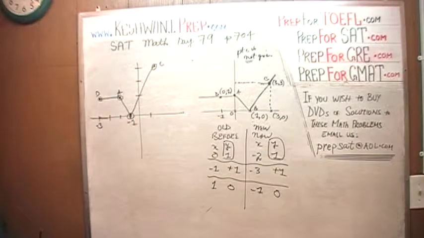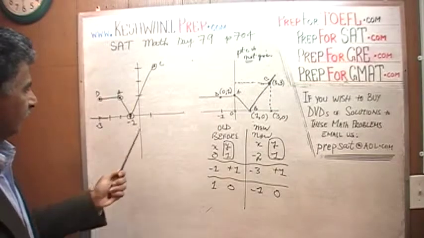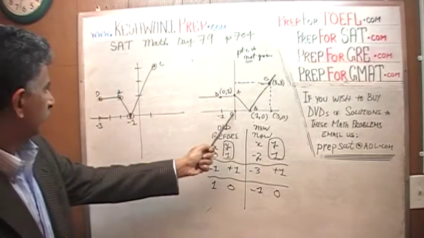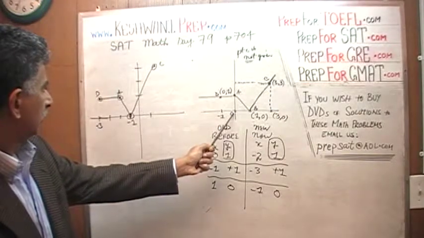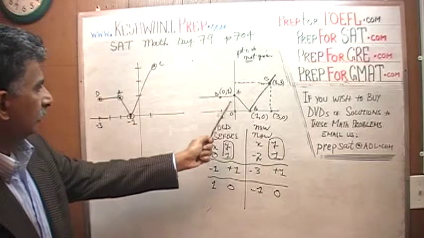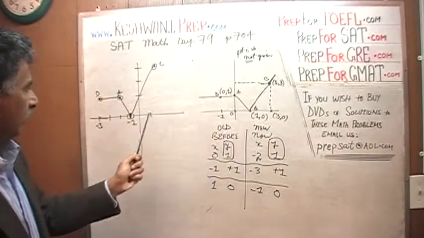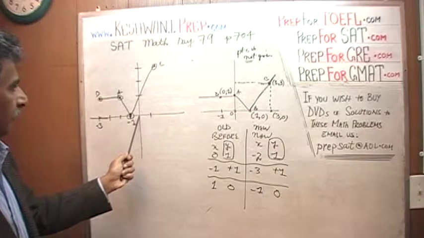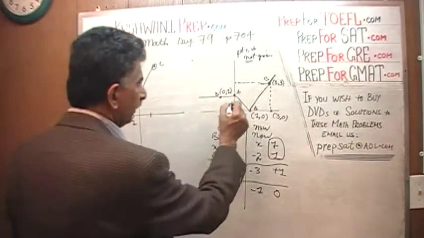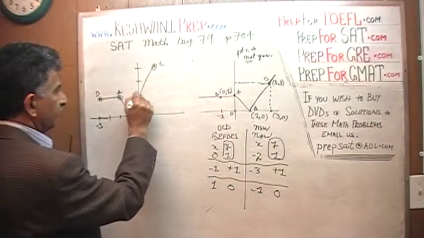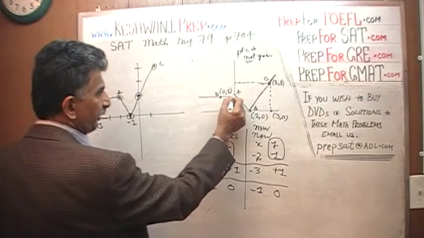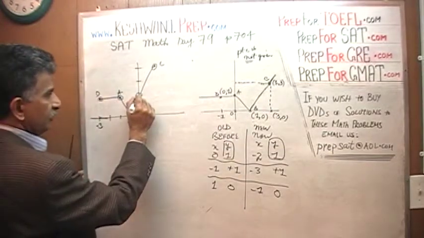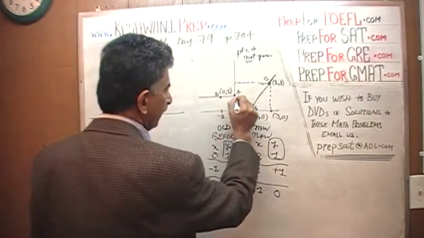So what has happened to it? Before, when x was equal to 0, y was 1. Now, when x is equal to 0, y is still 1, but this point that we see here is not point A. Point A is here. This point that you see here is this point right here.